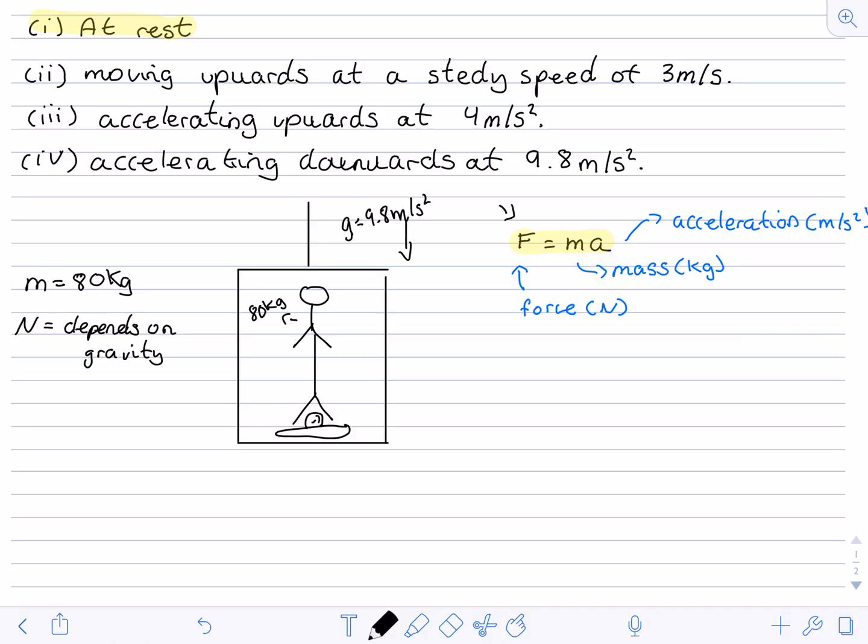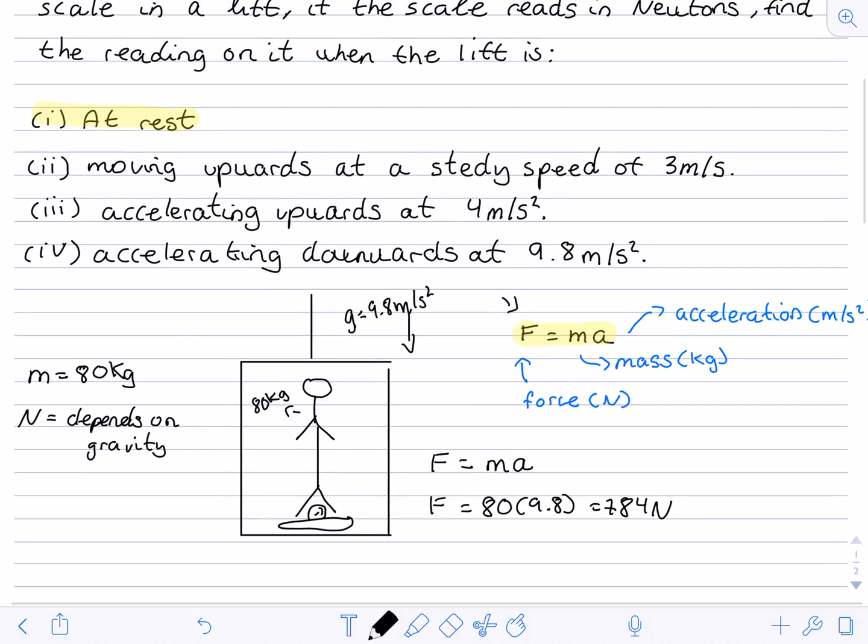If the elevator is at rest, and he's not moving or accelerating, then his weight in newtons is going to be exactly the same. So as we did before, the force is 80 times the gravity, which is 784 newtons. So that's the first part done, okay?